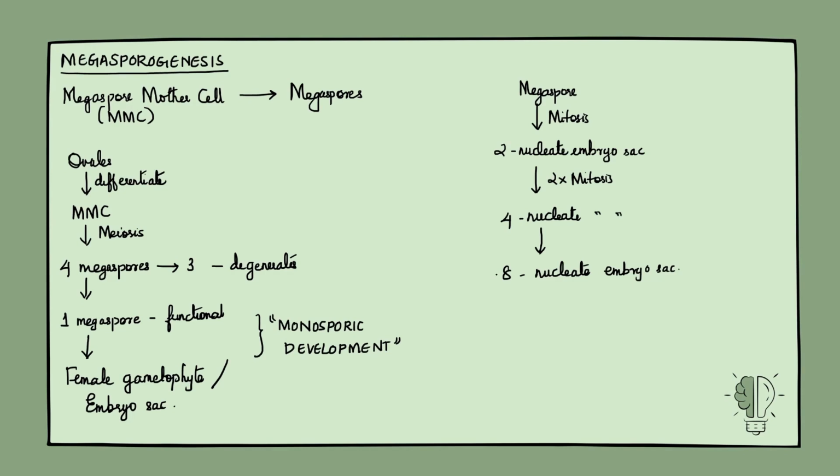So the embryo sac has 8 nuclei, which is why it is called 8-nucleate embryo sac.